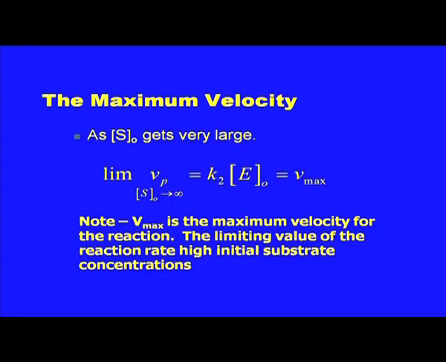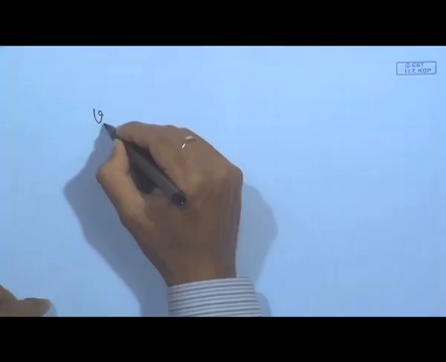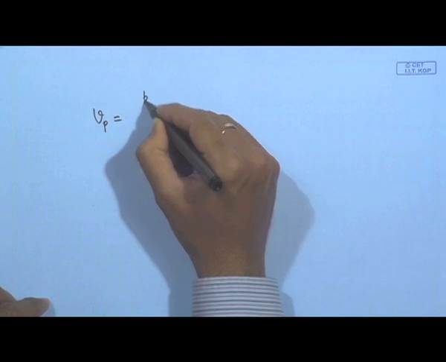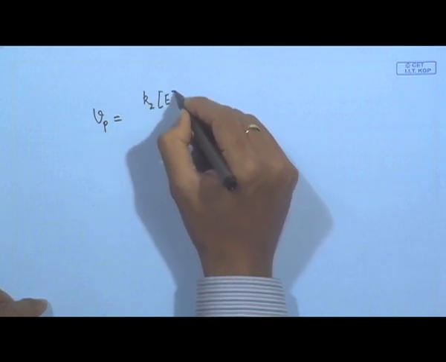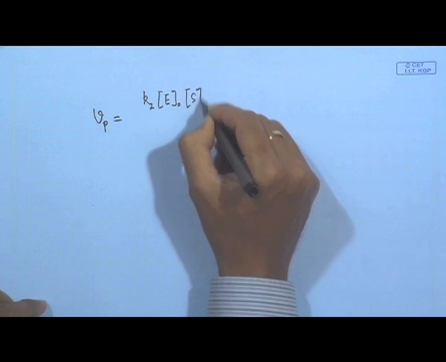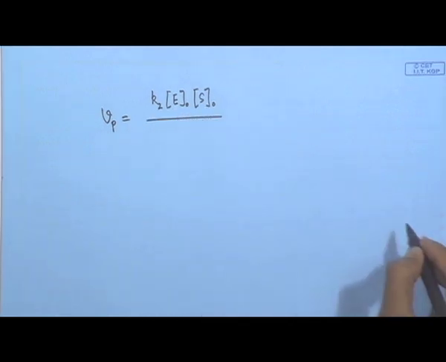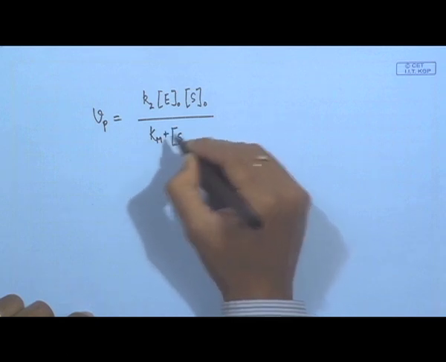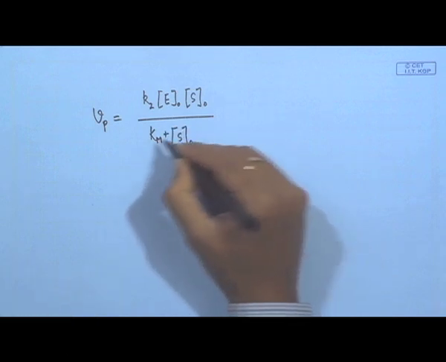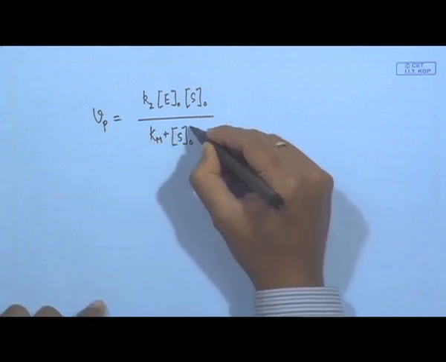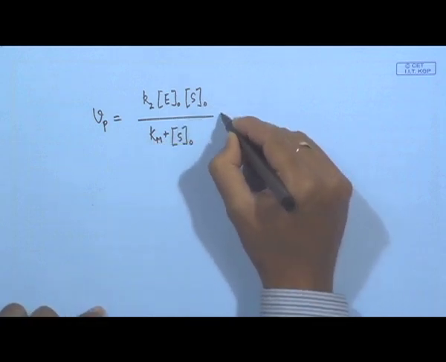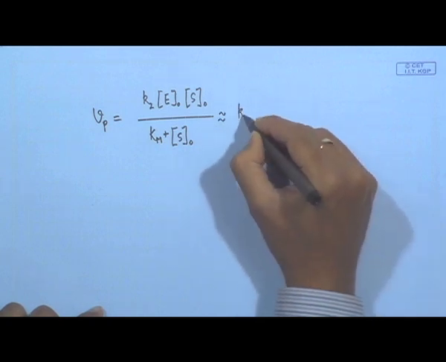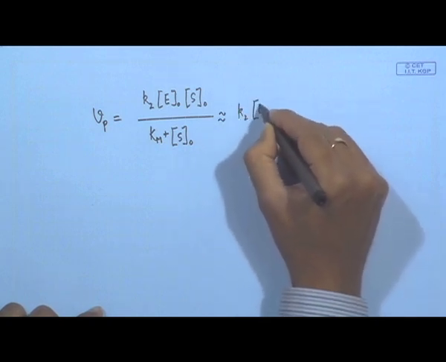So, in the Michaelis-Menten equation, Vp is equal to K2 E0 S0 divided by Km plus S0. If Km is neglected, then S0 and S0 cancel out, so this will be K2 into E0.